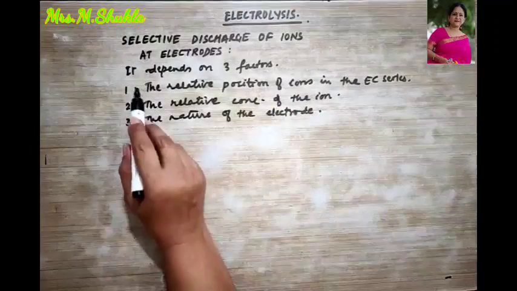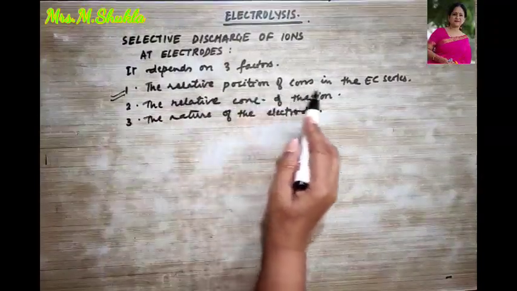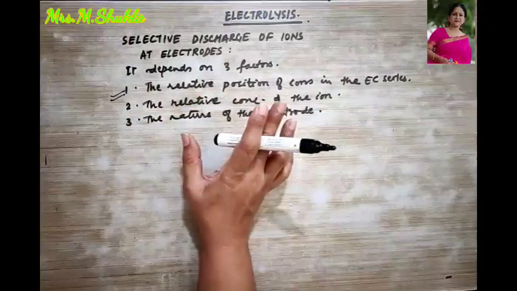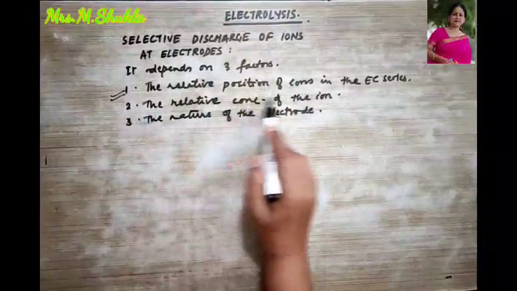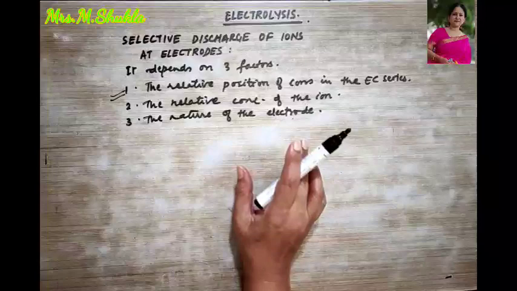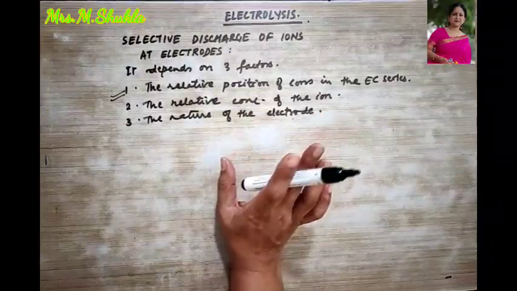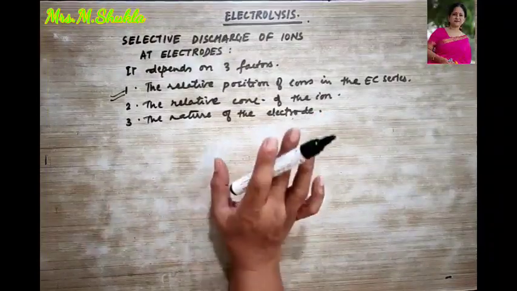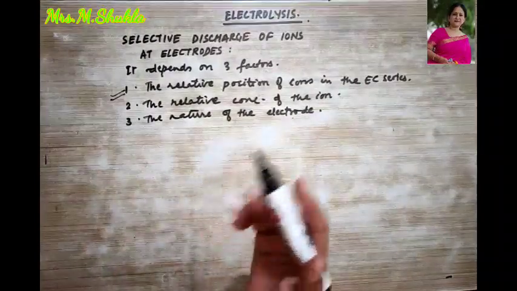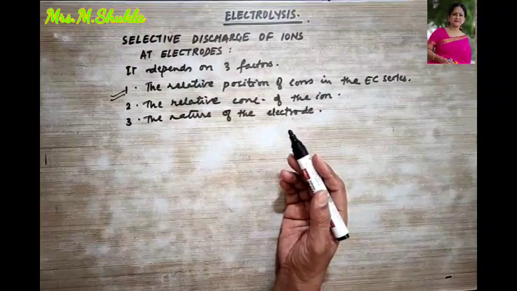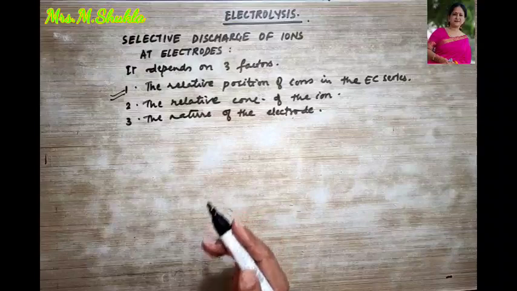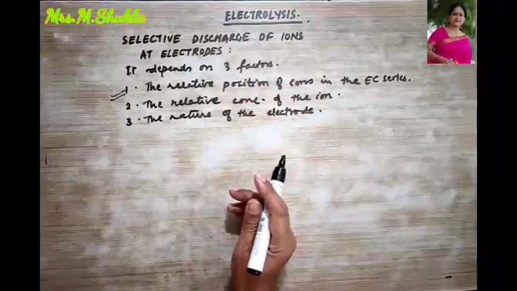Coming to the first one, the relative position of ions in the EC series. If all other factors are constant, I am not talking about the concentration or the nature of the electrode, then any ion lower in the electrochemical series will get discharged at the relevant electrode in preference to the ion placed above it in the EC series.